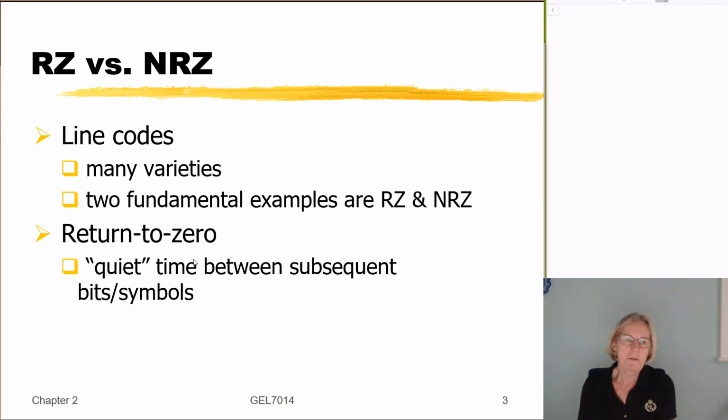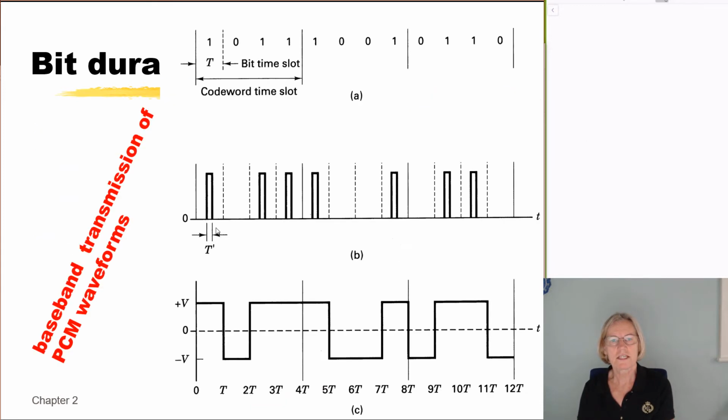PAM, PCM, these are very common vocabulary you'll see in digital communication, as is RZ and NRZ. So I want to make sure I took the time to highlight these choices to you. RZ means return to zero. That means that there's some sort of quiet time, when I'm at zero voltage or zero transmission, which happens between every bit or symbol.